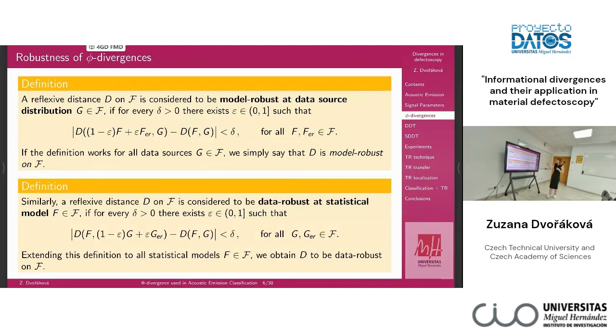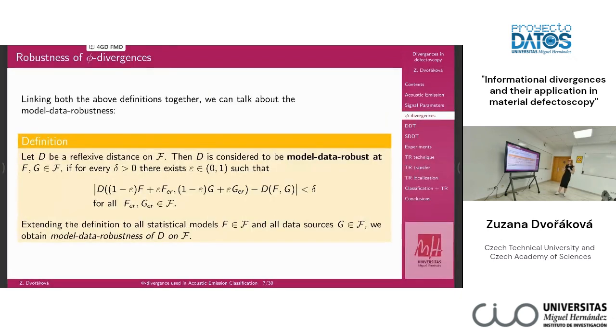So for us, data robustness is important, and it is defined for a divergence D or reflexive distance, such that if there is some epsilon contamination of data source distributions, the divergence between data source distributions and the theoretical distribution doesn't change so much.